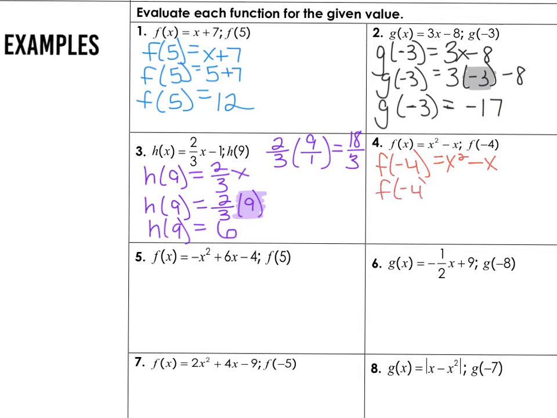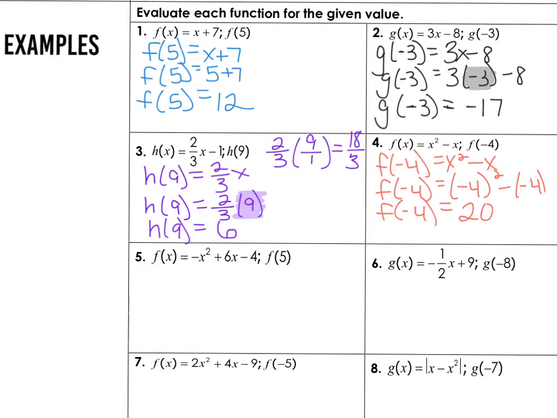And a reminder, you want to put parentheses around the negative 4 each time that you plug it in, especially because it's negative, and when you get the squares in there, it gets really complicated. So from here, I suggest you put that in your calculator, and when you do that, you get 20. If you did not get that, please double check. It definitely is 20.